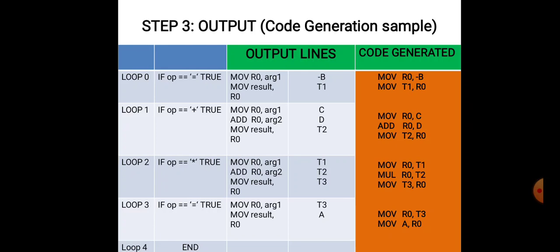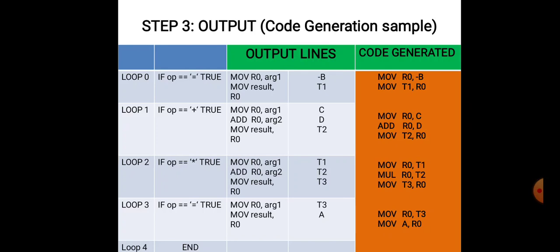So we write move R0 comma argument 1. Then the second line is move result comma R0, meaning the value which we have in R0, that is the minus b value, is moved to the result variable. Which is the result variable for the first sub expression? T1.